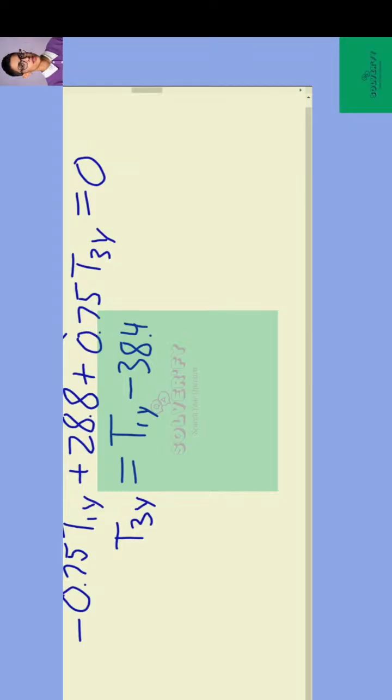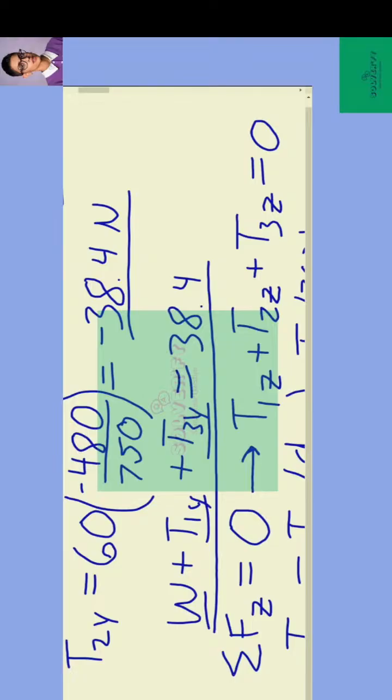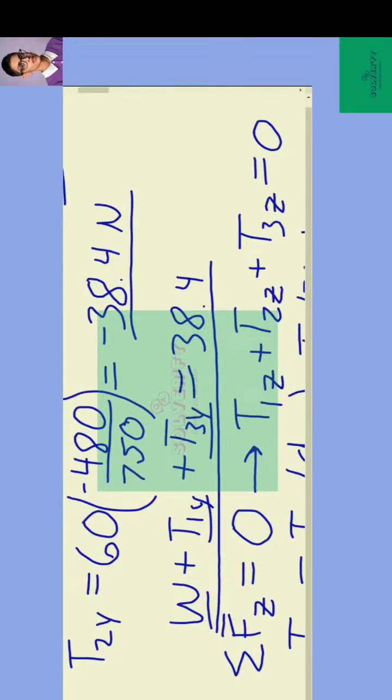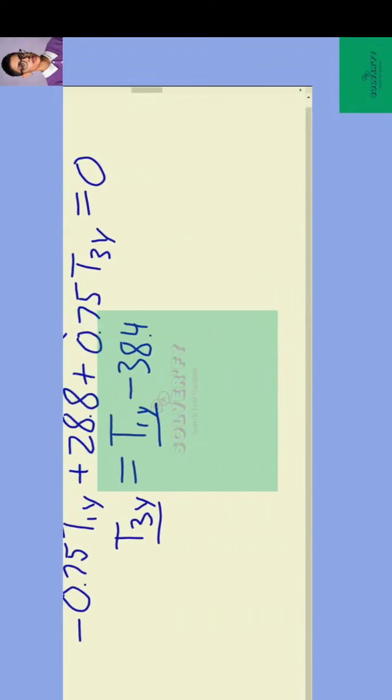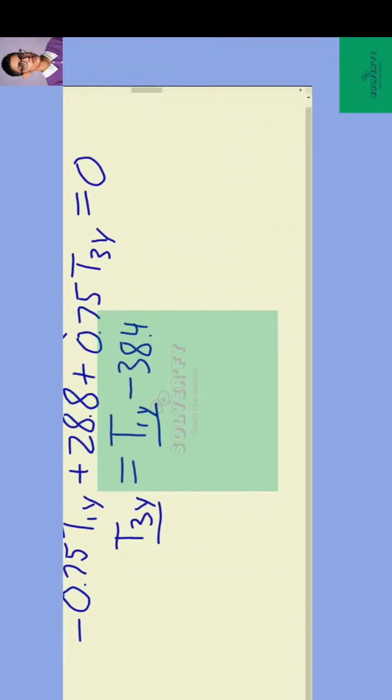Okay, so now we have one equation with two unknowns. What I'd like to do is find one more equation relating our T3y and T1y, because then I will have two equations, two unknowns. I'll be able to solve for both of them, and then we'll be able to plug those values into this equation and solve for W.